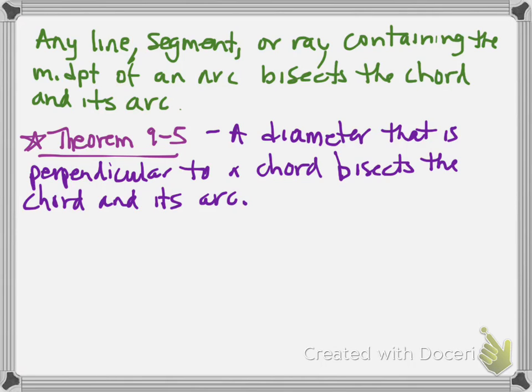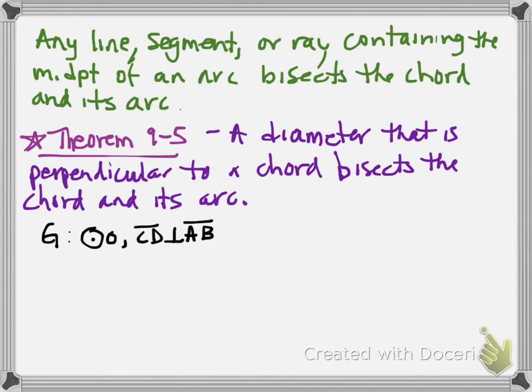Okay, so let's draw a picture of that one. So our given would be that we have a circle, we'll call it circle O, and segment CD is perpendicular to segment AB.